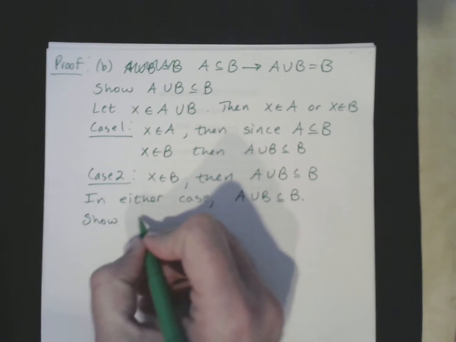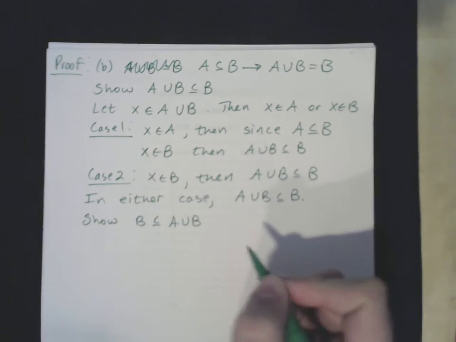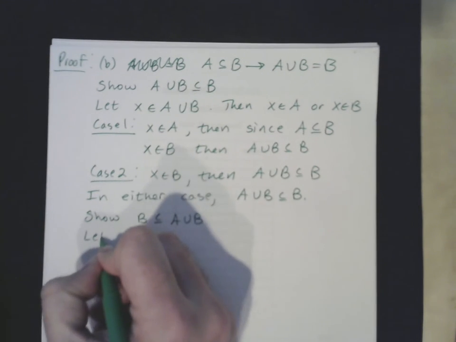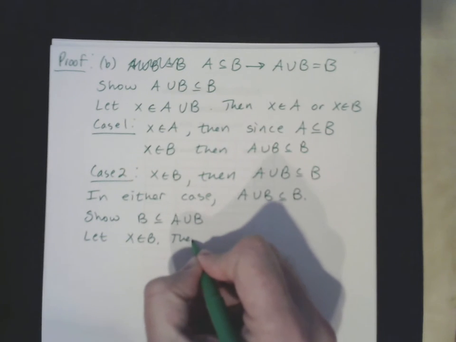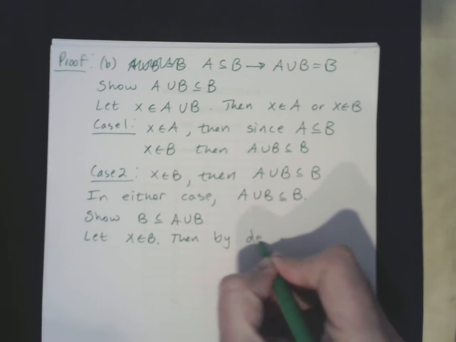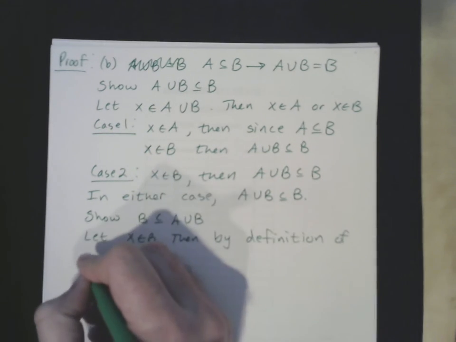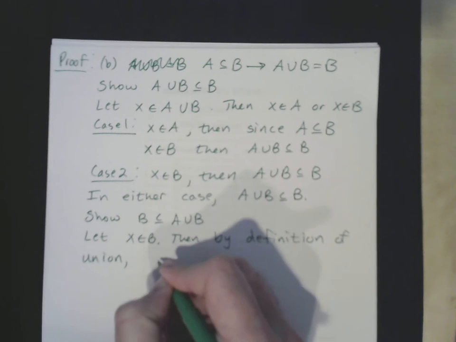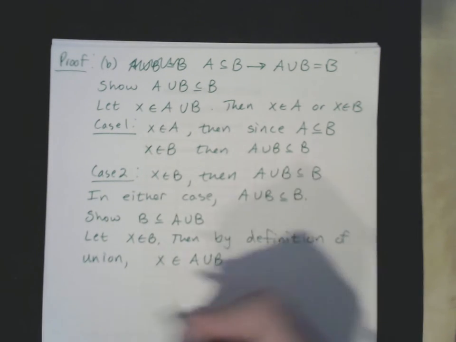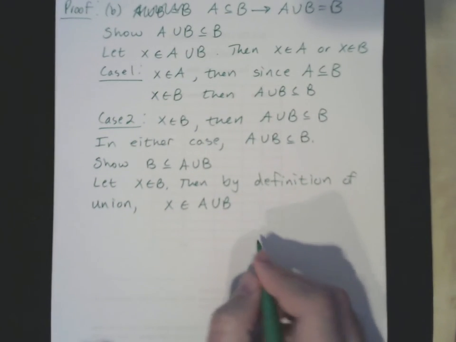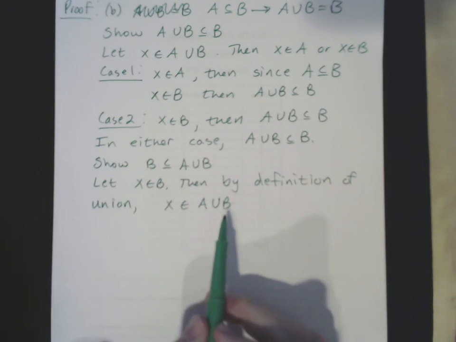So now we need to show that B is a subset of A union B. So we're going to let X be in B. Then, by definition of union, X is in A union B. Because union is disjunction. So if I'm in one, I'm certainly in the union.